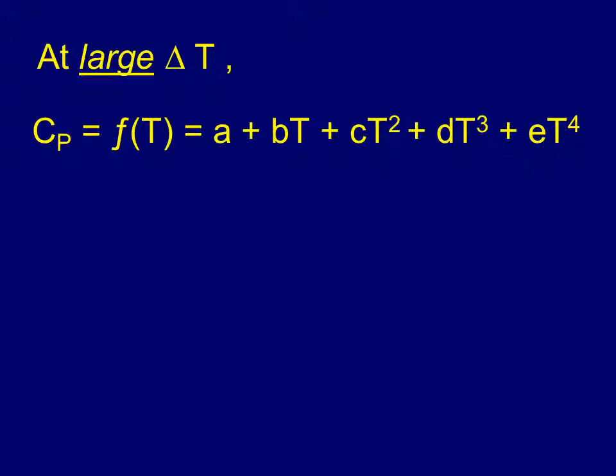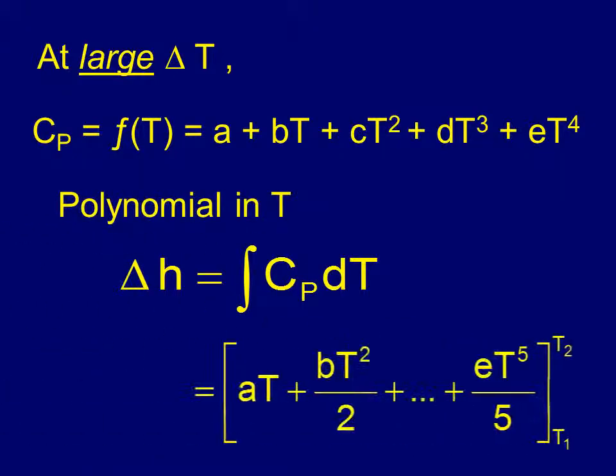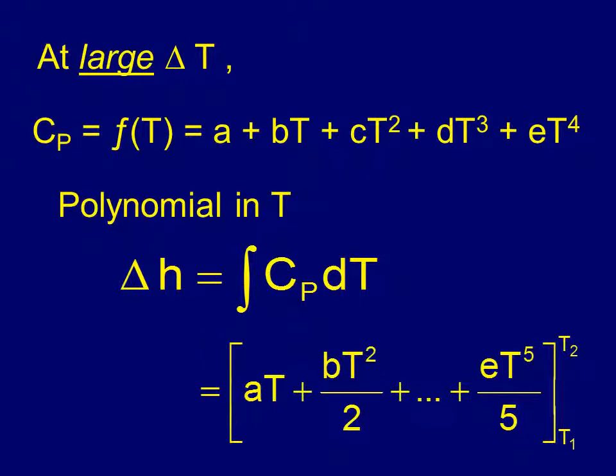And you'll find those listed for various gases. In many tabulations we'll list Cp values as a function of T this way, a polynomial in T, in which case you have to integrate it, which is a fairly simple integral to do.